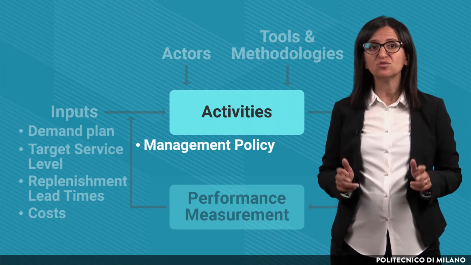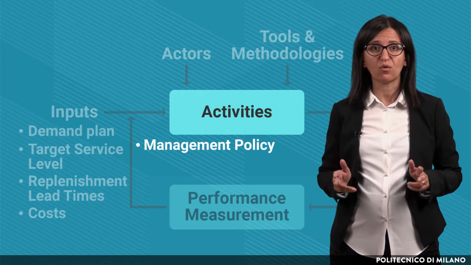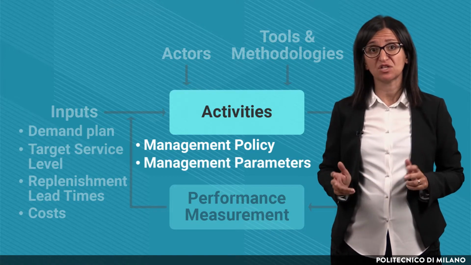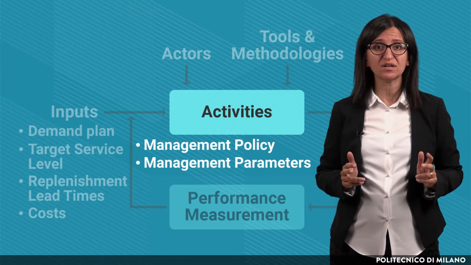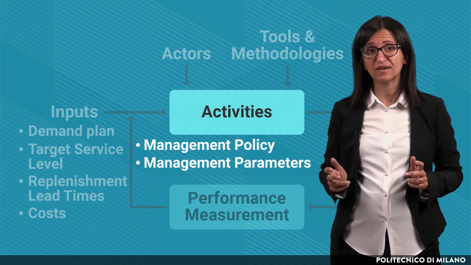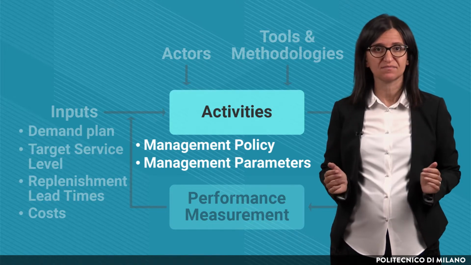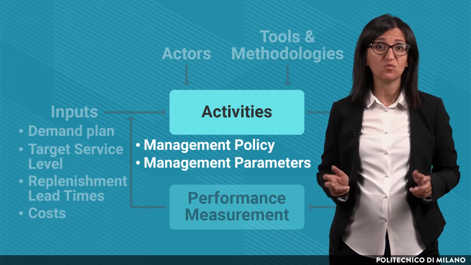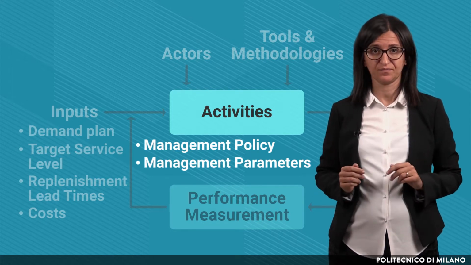Or we can decide to make orders with a fixed order frequency. In addition, we have to choose the management parameters, such as the reorder point. For example, we make an order every time the inventories are lower than 100 pieces, or the replenishment frequency, for example, once a week, once a month, and so on.